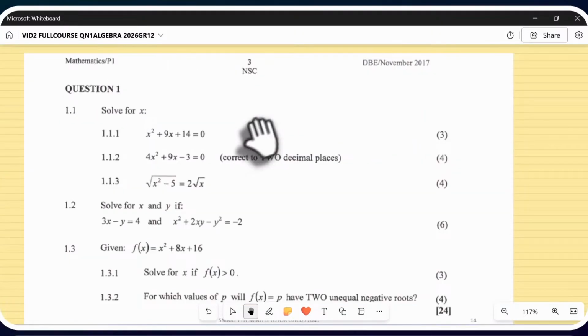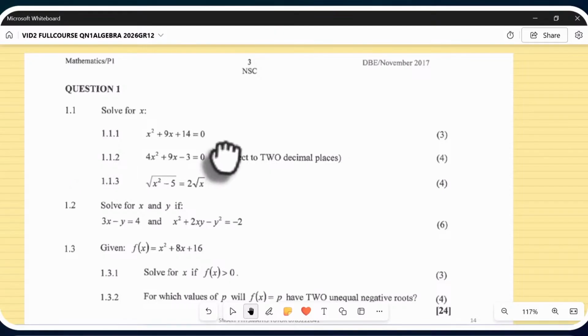Now this is our last question regarding algebra, grade 12 and grade 11 as well. So here they say, this is November 2017, solve for x. Now what are the factors here? Two numbers that multiply to get 14, but when you add, get 9.